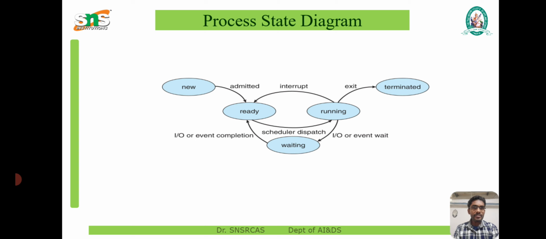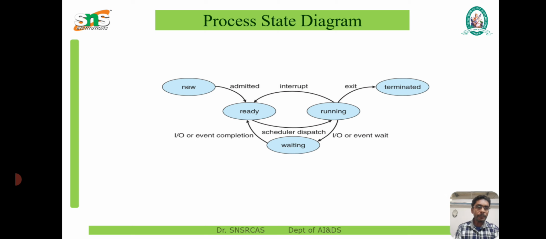Once a new executable file is created, the new process state is created, and then it is admitted to the ready state. Once the process becomes ready, it means the process has moved from secondary memory to main memory. Then it moves from the ready state to the running state, because only in main memory are the executable files executed.